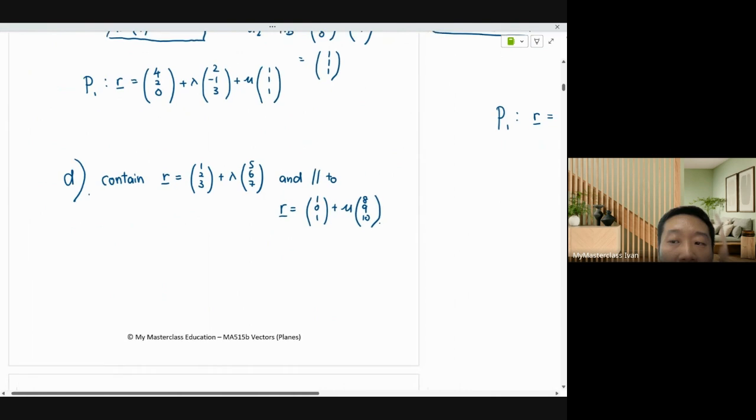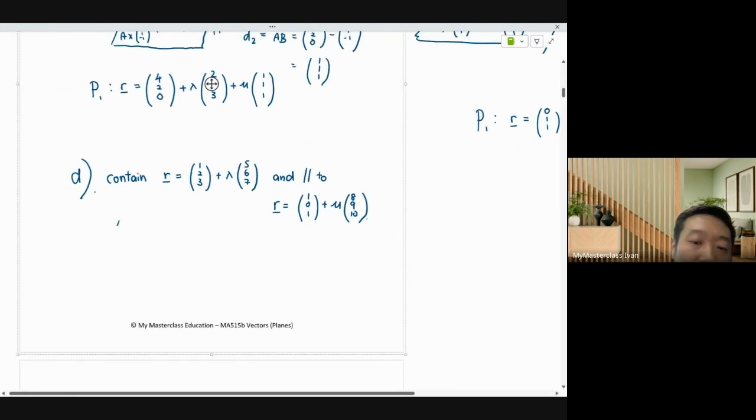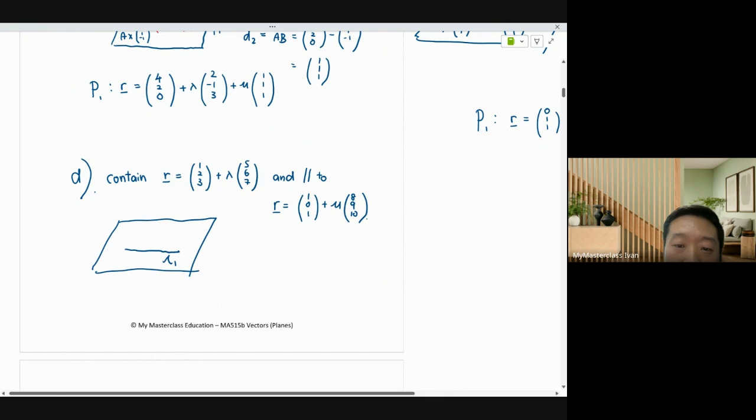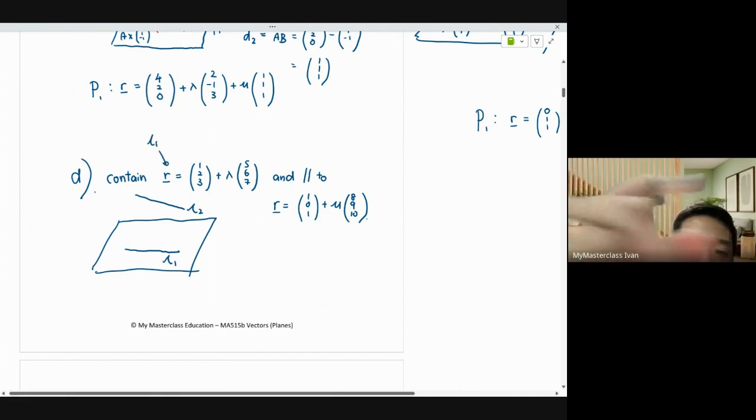In this case, the plane contains this one, a line. So this is L1, but parallel to L2. Write down this is L1, and write down this is L2.